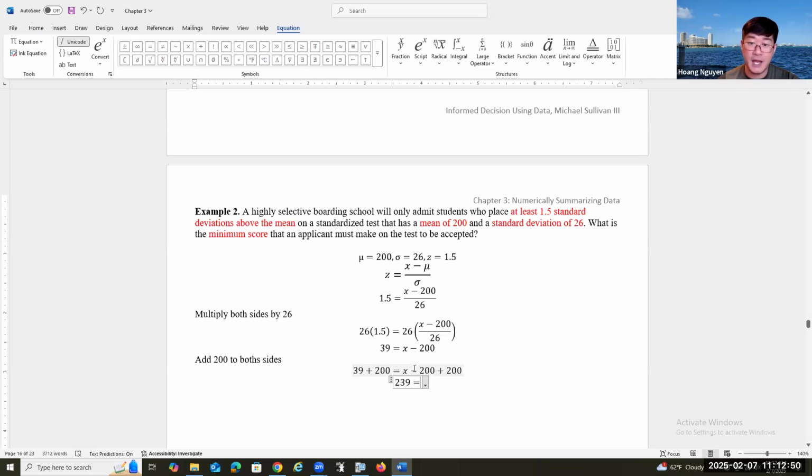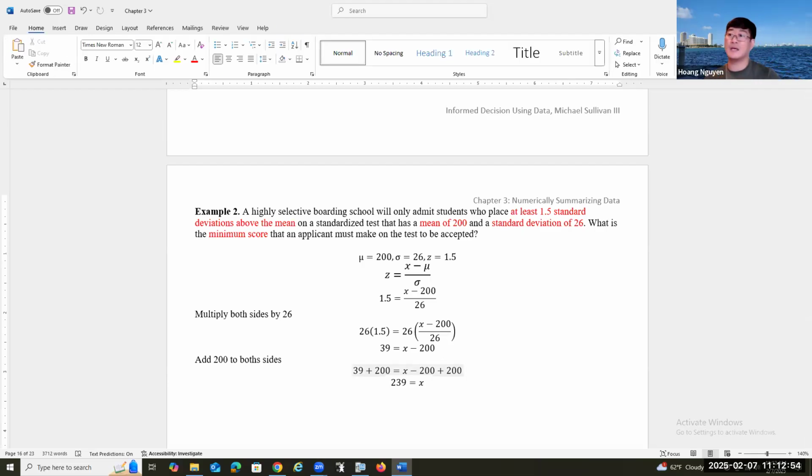On the right-hand side, the negative 200 and positive 200 cancel out, so we get x. So what does x represent? That's going to be the minimum score. So the minimum score is 239. In order to be accepted to this school, the student needs to score at least 239.